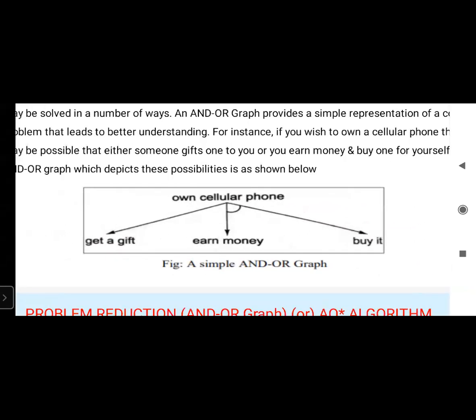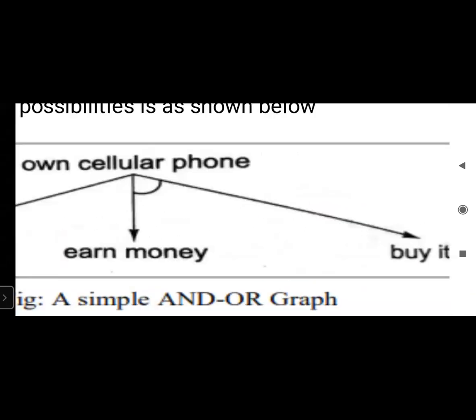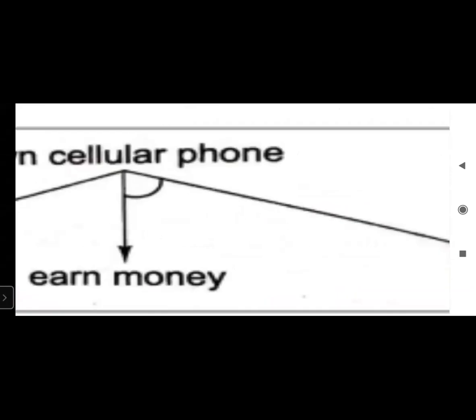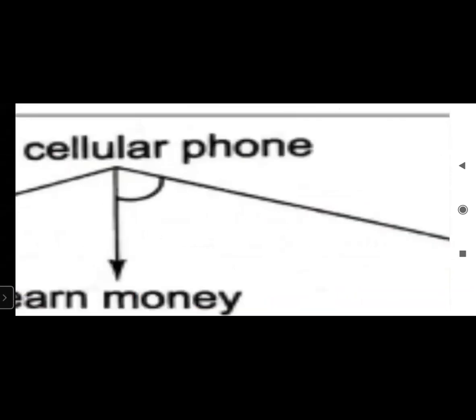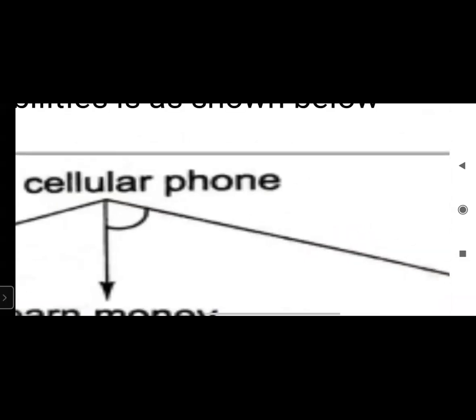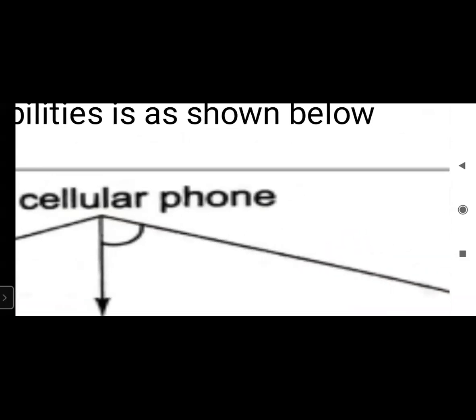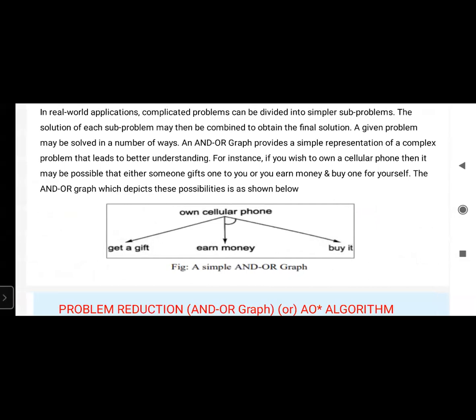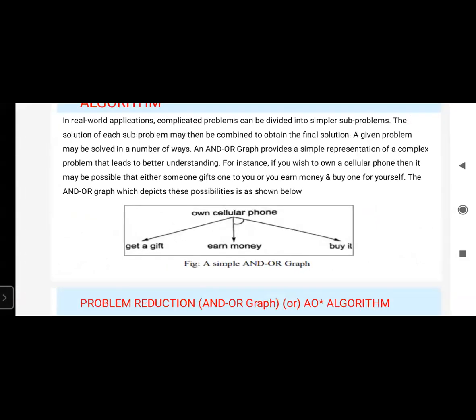So two ways: one is get a gift, or earn money and buy it. I'm applying AND between earn money and buy it, so like this I have to draw an arc. So either get a gift or else earn money and buy it. This is nothing but the AND/OR graph representation.